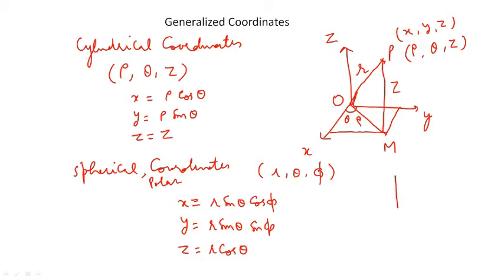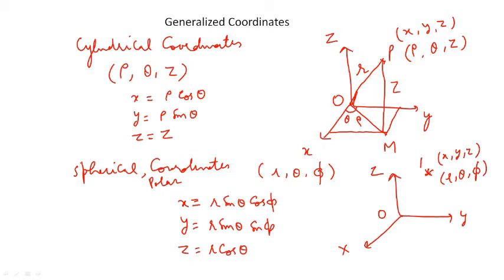And we can make a diagram for these. Let us say this is x-axis, this is y-axis, and this is z-axis. P is a point, its Cartesian coordinates are x, y, z in three-dimensional space. The spherical polar coordinates will be r, theta and phi.